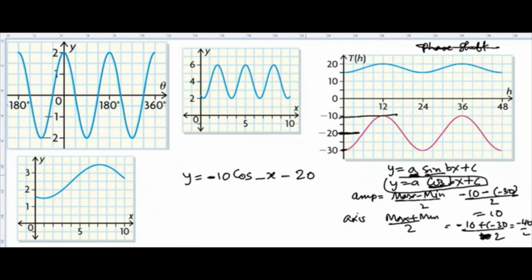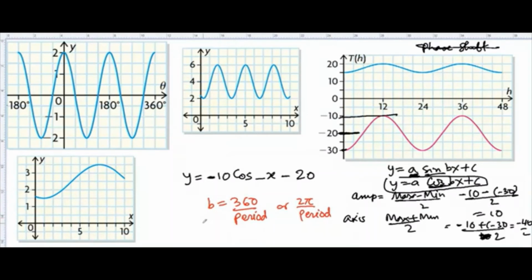Now what is left? What do we need in front of x? And we know that b is 360 divided by period, or 2 pi divided by period, depending on whether you want to use radians or degrees. I want to use degrees.